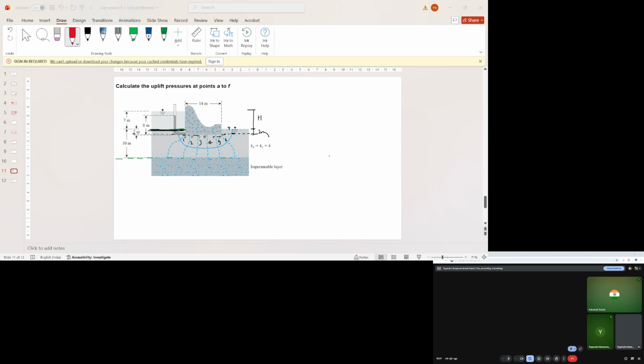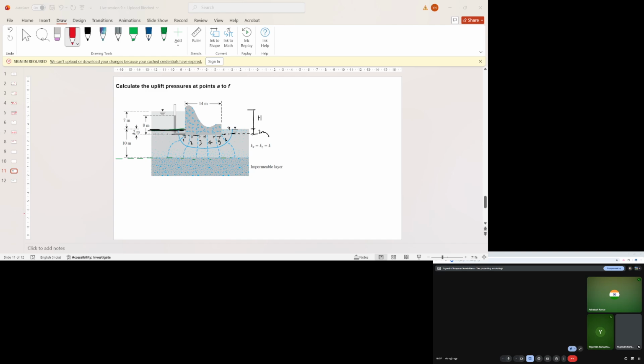ND is 7. So, what is the relation of pressure head? Pressure head is delta H into unit weight.